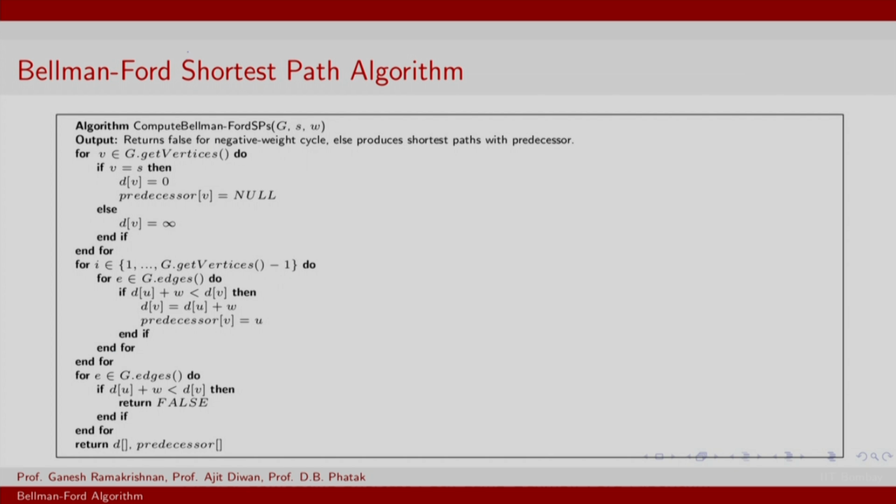So what is the idea? Let us understand the algorithm with a simple example. We will try and illustrate the working of the Bellman-Ford algorithm through an example. Let us say we have a graph with a source S. We will consider a purely directed graph. Let us give names to these vertices V1, V2, V3, V4, V5 and V6.